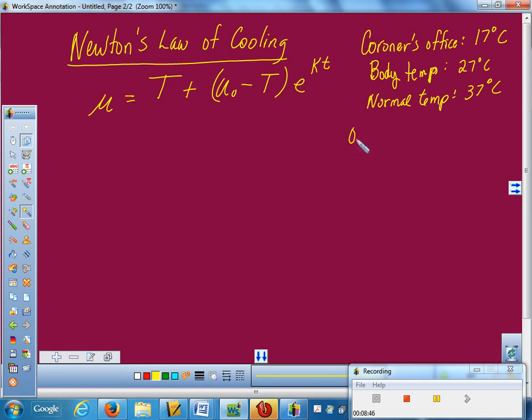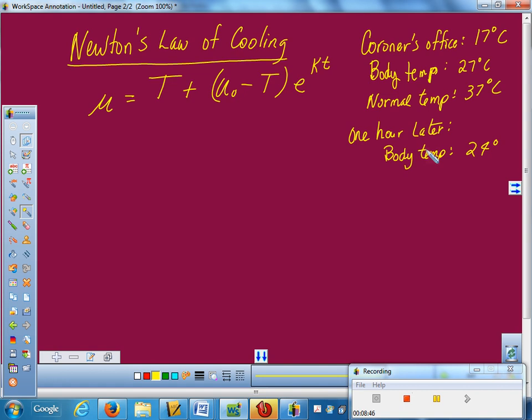One hour after he found the body temperature, it had dropped to 24 degrees. So every hour it drops 3. Well, but it doesn't drop evenly the same amount. It's an exponential function. So you can't just say every hour it drops 3 degrees. Nice thought, but unfortunately, no, that doesn't work.